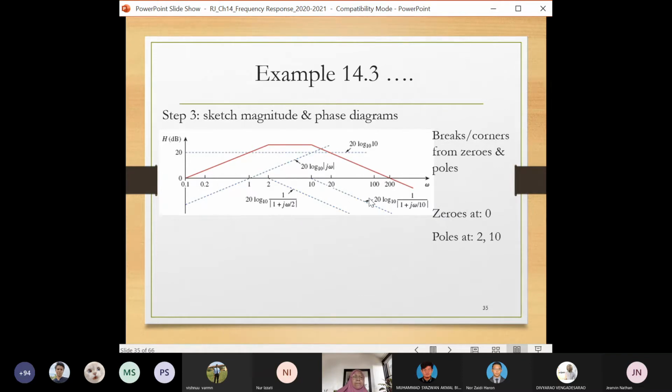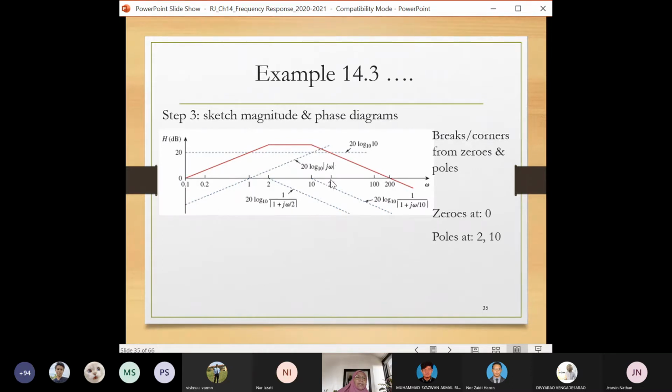And this is for the magnitude plot. When you combine all 4 lines together, you will produce an elevated line that rises until 2. From 2 until 10, because we have 2 and 10 corner frequencies, there will be 2 positive and 1 negative, so there is no slope, 0 slope, and the line will be flat.